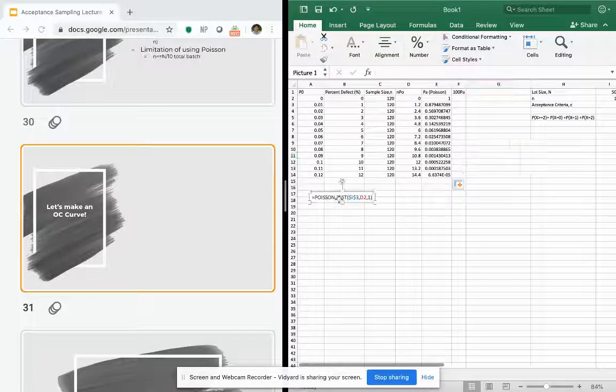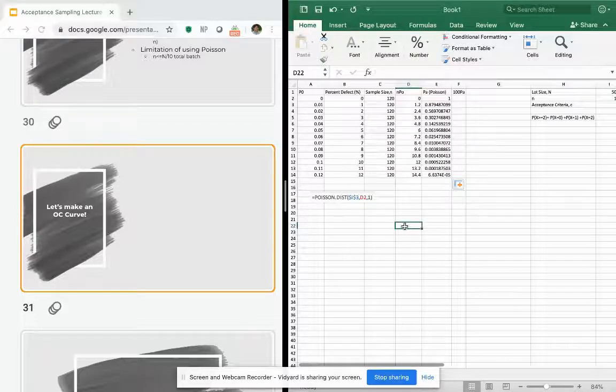So this is basically a formula on Excel, and essentially it's your acceptance criteria, which in our case is 2, the mean, and lastly the 1 is to indicate true for cumulative probability. If you chose 0, then you would get discrete probability.